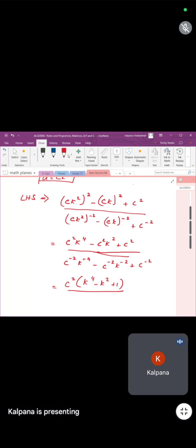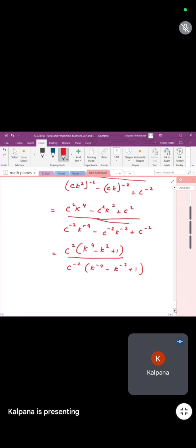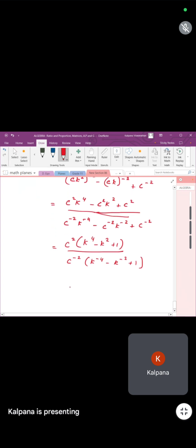So denominator, what is common? C power minus 2. So K power minus 4 minus K power minus 2 plus 1. What can we do after this?